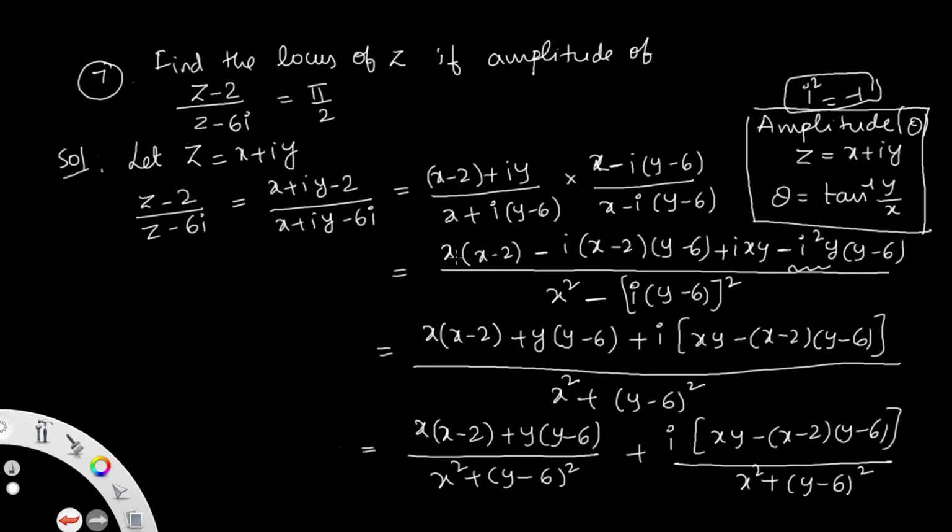The b term is i into y minus 6 whole square. In the denominator, i square is minus 1, so it becomes plus y minus 6 whole square. The first and last terms form the real part, x into x minus 2 plus y into y minus 6, plus i common, xy minus x minus 2 into y minus 6, here positive.